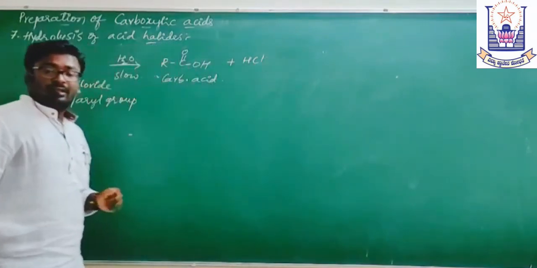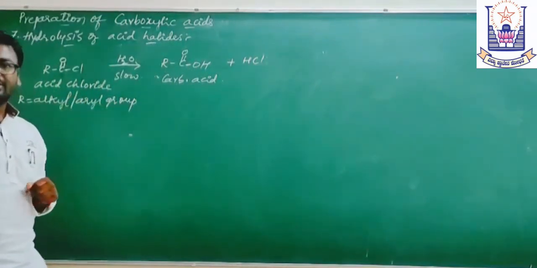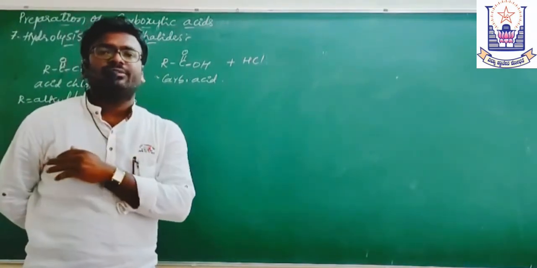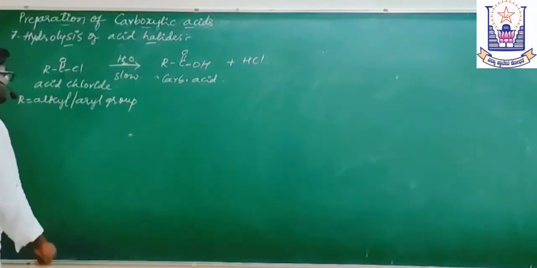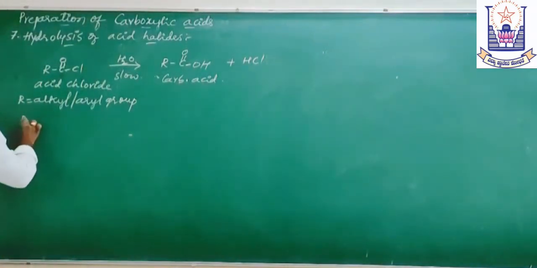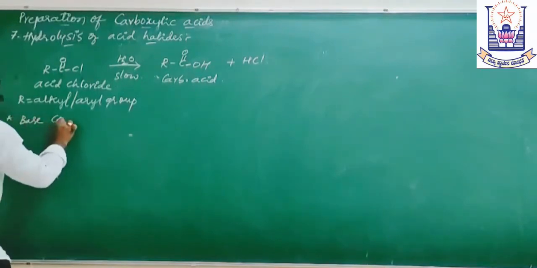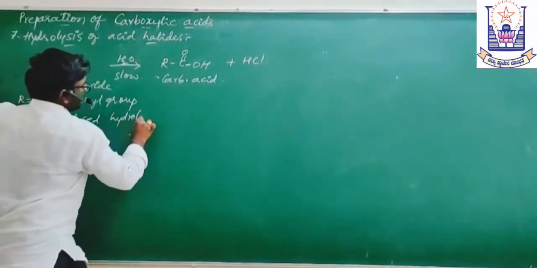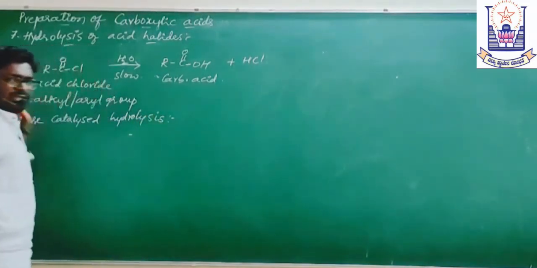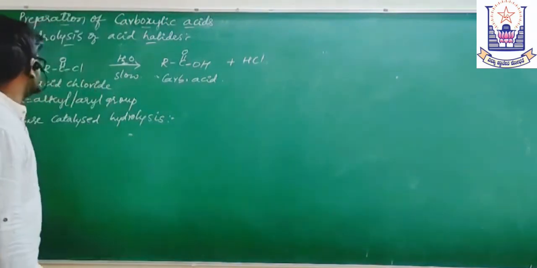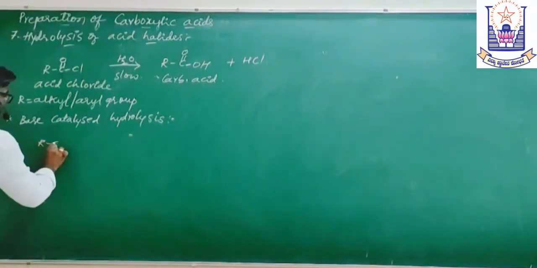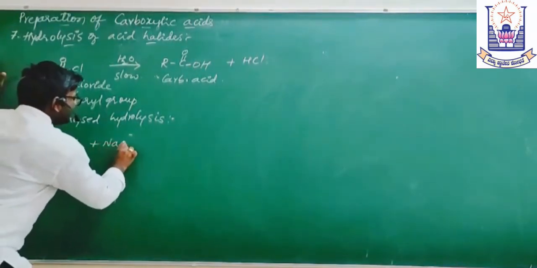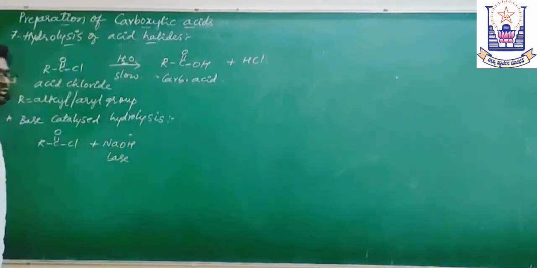We can make this reaction faster by addition of a base. That is base catalyzed hydrolysis. You have to take a base like NaOH or KOH. Take RCOCl and treat with a base like sodium hydroxide.